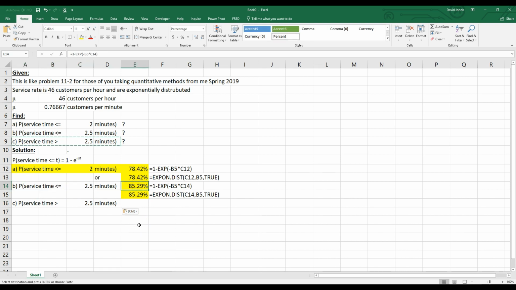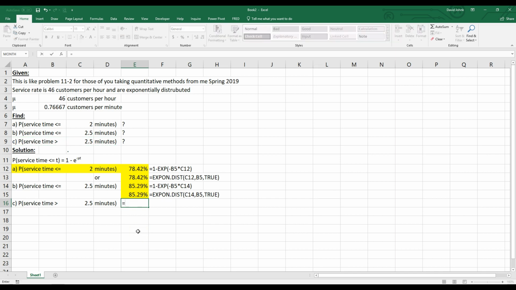So remember, the whole probability of the distribution is 100%. So if it's to be greater than 2.5 minutes, it's going to be equal to 1 minus whatever this answer was. Equals 1 minus whatever that is. So the probability that it's going to be greater than 2.5 minutes is going to be 14.71%.